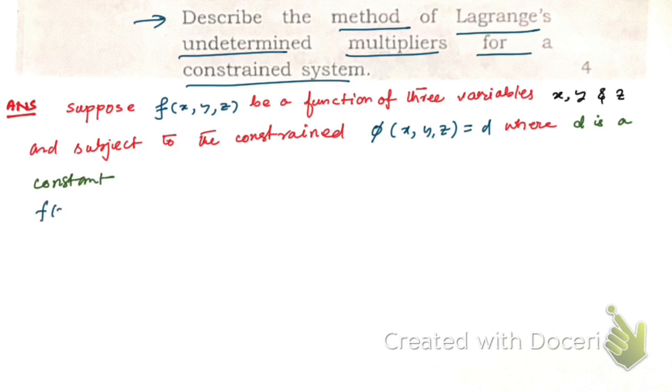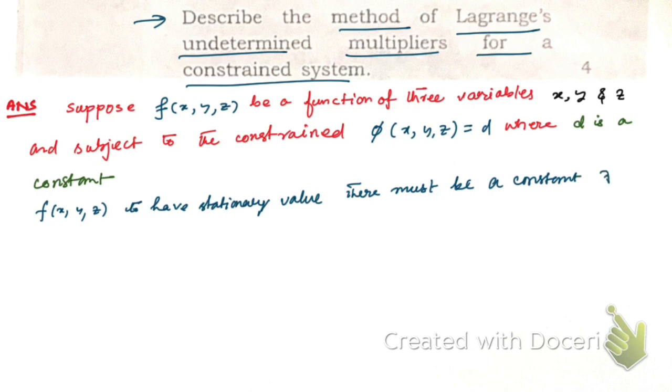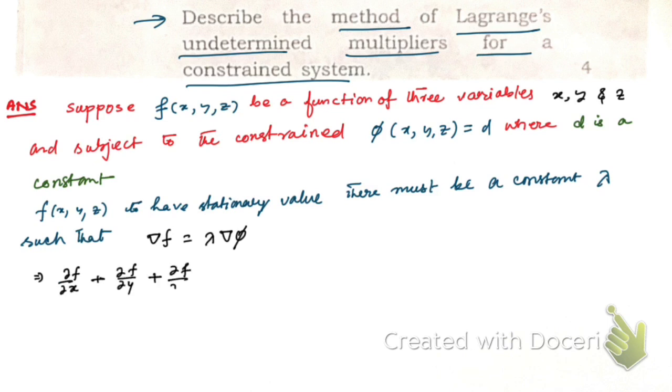Now for this function of x, y and z to have a stationary value, there must be a constant lambda, suppose, such that grad f must be equal to lambda into grad phi, right? So that implies del f by del x, del f by del y, del f by del z is equal to lambda into del phi by del x, lambda into del phi by del y, lambda into del phi by del z, right?